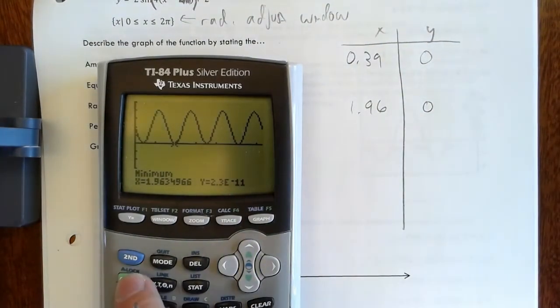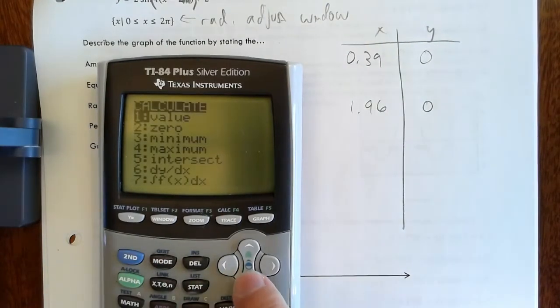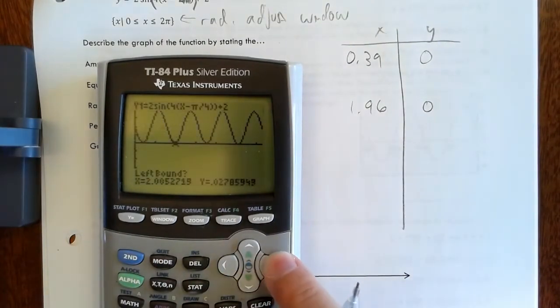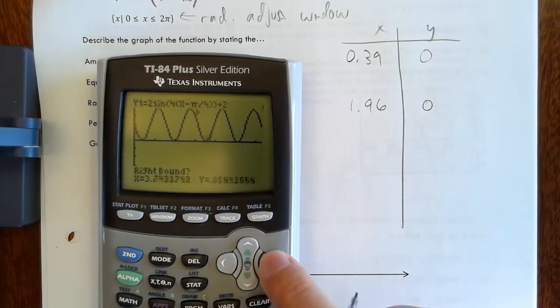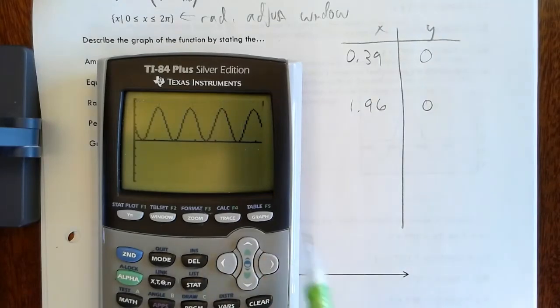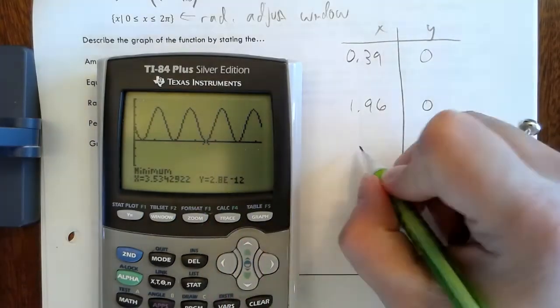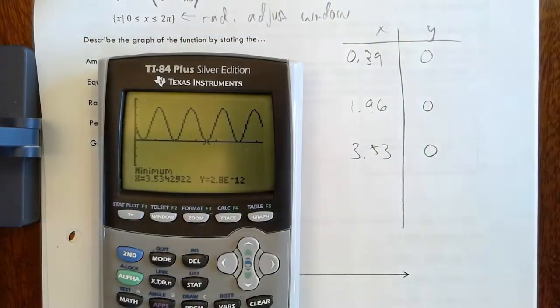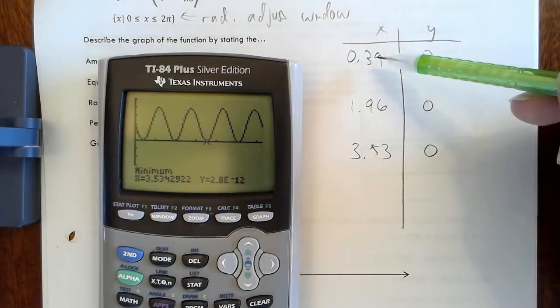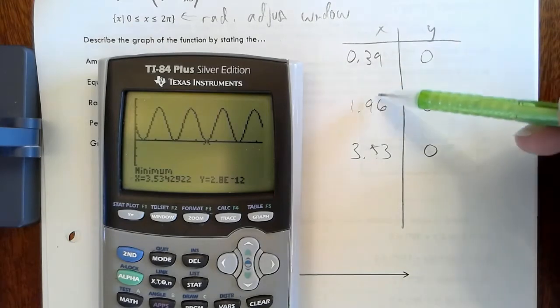Let's just find one more and then we'll call it quits on that. So let's go to the left of the next one. Hit enter, move to the right of it, hit enter, enter one more time. There we go. 3.53, y is 0. Now what we should see is these values go up by the same amount every time.